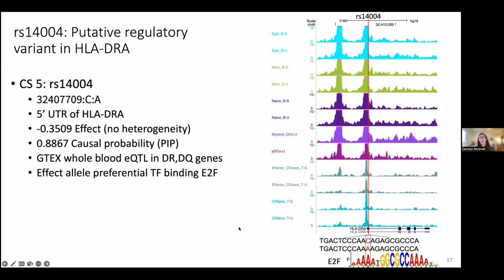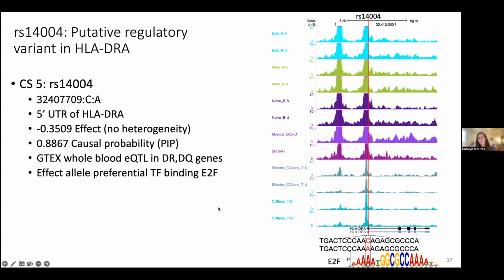So we're just at the step where we're starting to get into the wet lab now to validate this particular variant in a B cell, and to see what genes in the region it affects, because it is in the promoter of HLA-DRA, but it has also been described as an eQTL in whole blood for the well-known high-risk DRB and DQ A and B genes in MHC class II.